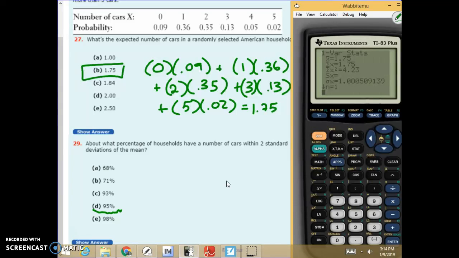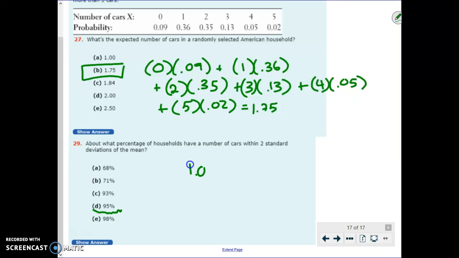The average number of cars is 1.75. I'm sorry, I made a mistake there. And if we think about going 2 standard deviations below the mean, well, that's 1.75 minus 2 times 1.08, which is negative 0.41.